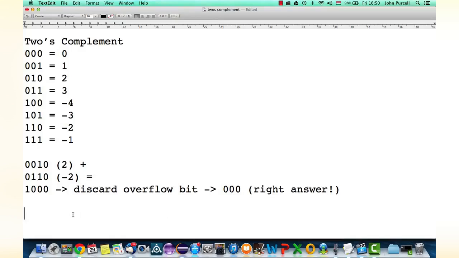Let's take another example just for fun. Let's do 2 and minus 3, which should give us minus 1. So this is 2, and let's add minus 3, 1, 0, 1, negative 3.